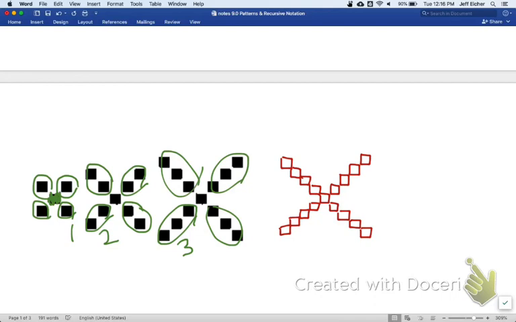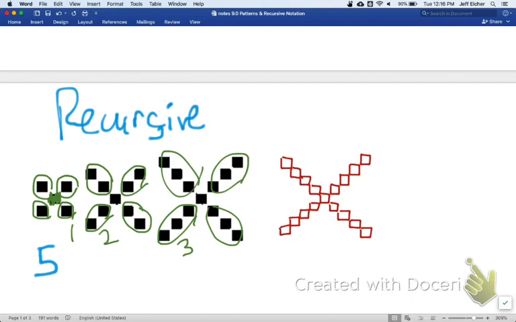And then to write a recursive formula for the total number of blocks, we have 5. This one we had 2, 4, 6, 8, 9. This one we had 3, 6, 9, 12, 13.